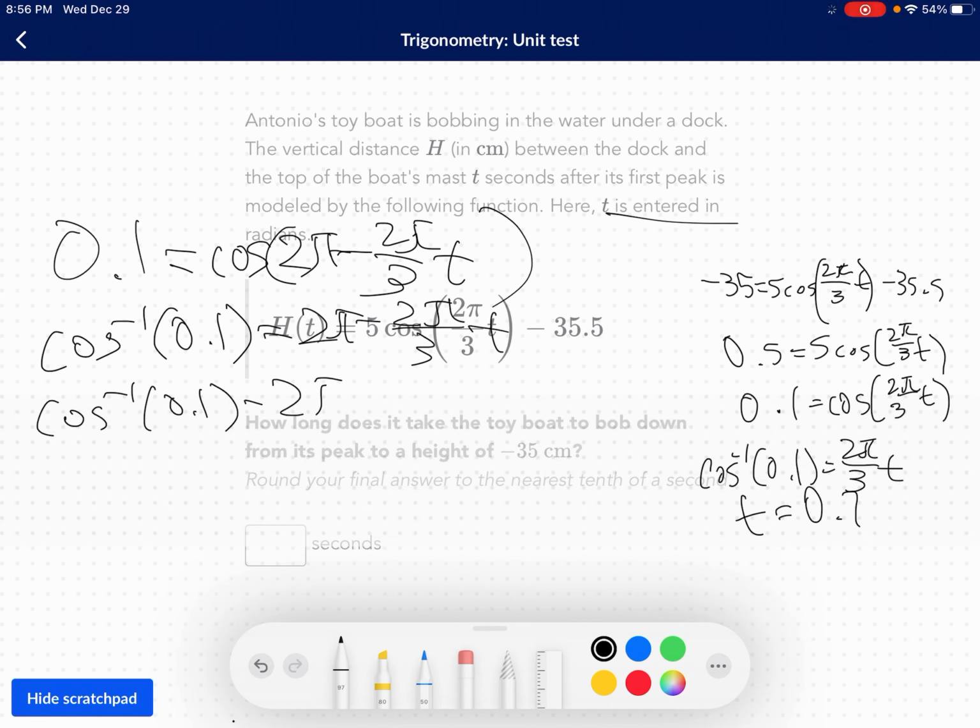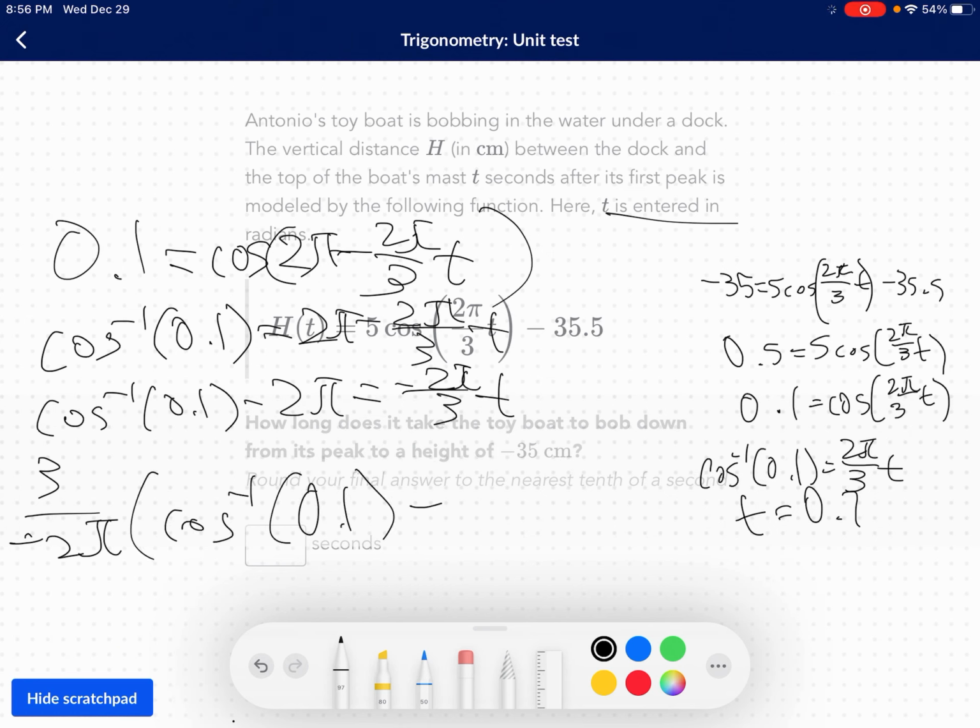Minus 2 pi on both sides, get this. Multiply by the reciprocal, get this. Minus 2 pi, that equals t. So enter that in the calculator.